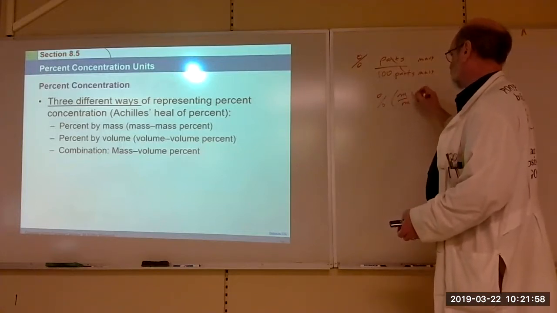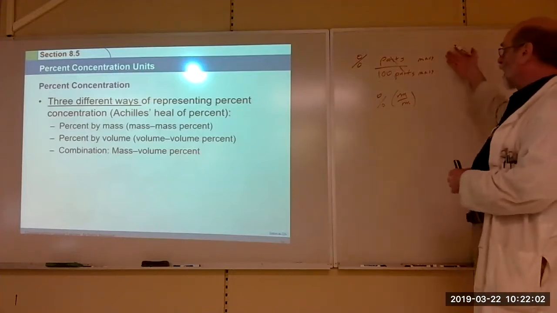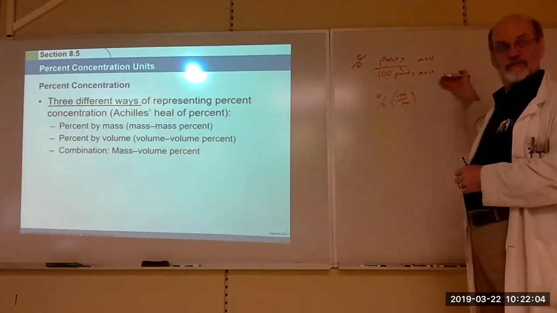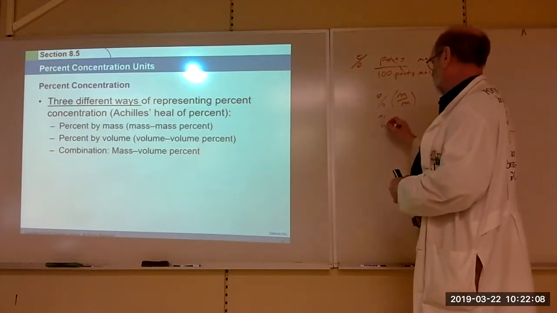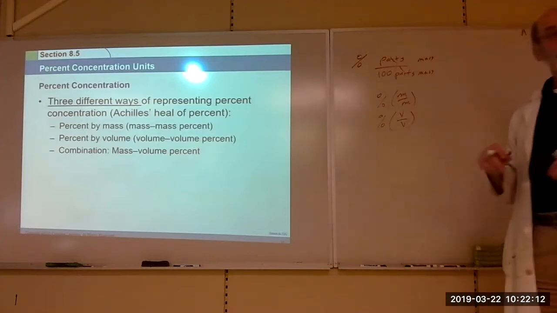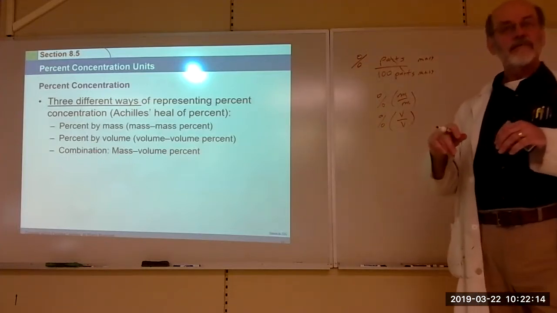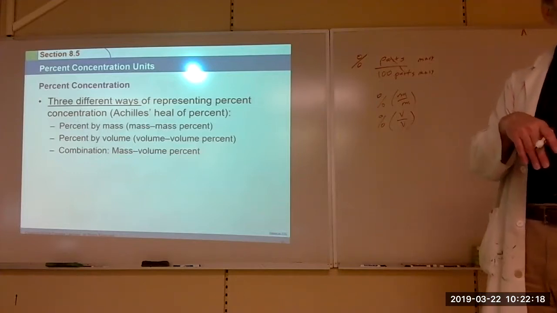So that would be percent mass, mass. Right? So it would be so many grams per 100 grams. Or is it volume, volume? VV. So it would be like so many milliliters per 100 milliliters.